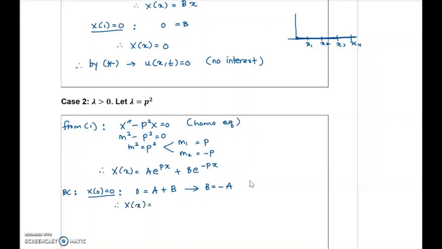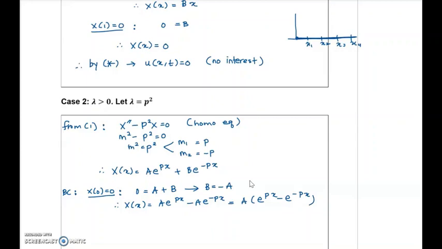X then is going to be a exponent px, plus b. B now is negative a, so I'm going to write minus a exponent negative px, which can be written as, I can factor out the a, so that I have exponent px minus exponent negative px. That is the equation for the x.